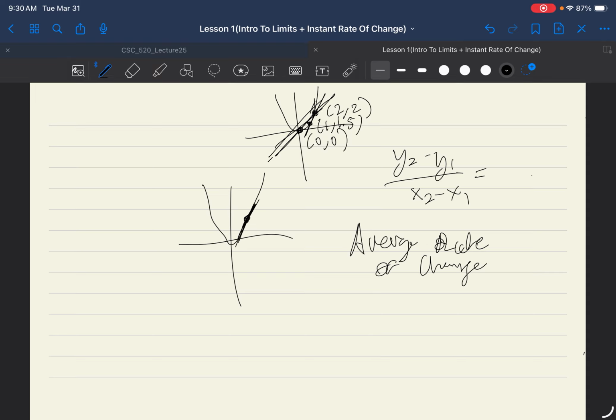So you can eventually make it an infinitesimally small number at 2, 2, like, for example, 1.999 repeating, if that is a point.